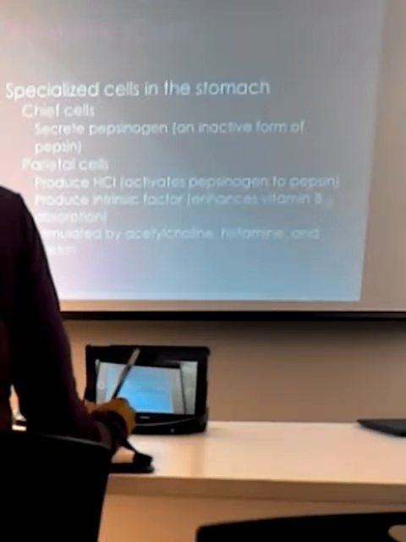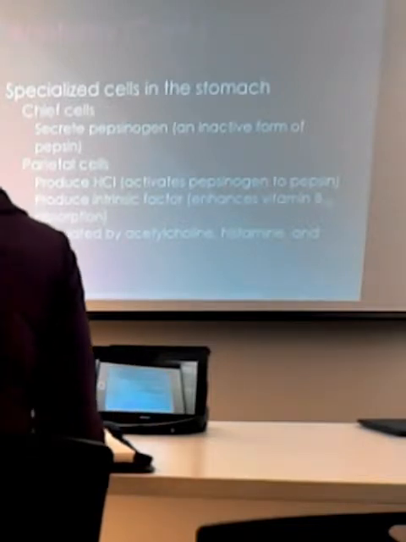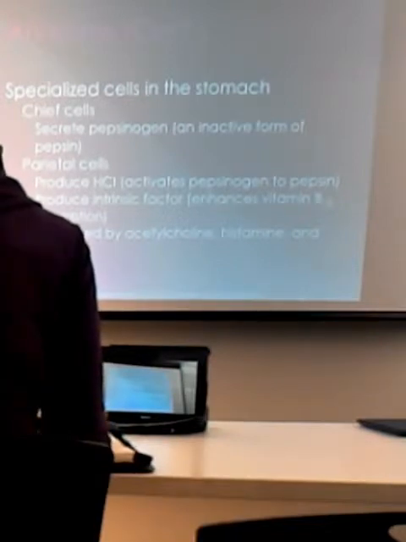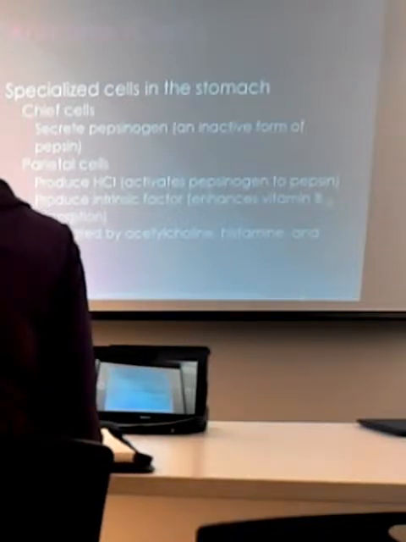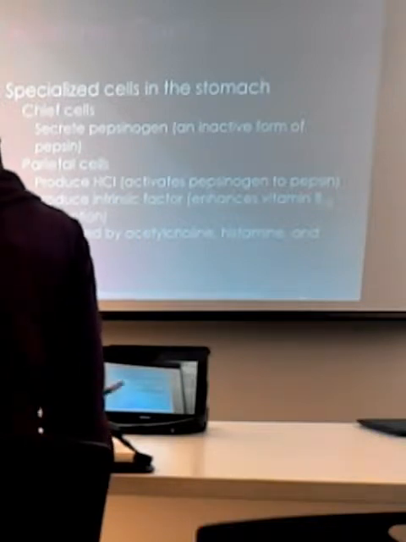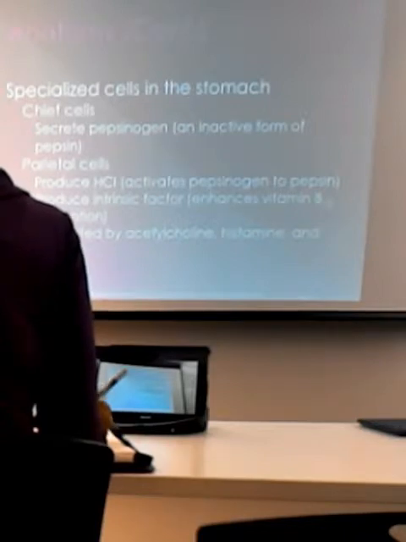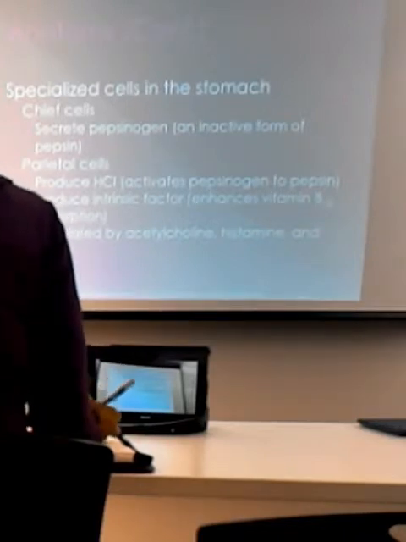We have parietal cells, and what do they do? Well, they produce the hydrochloric acid that nukes microbes and that helps to cleave the inactive group off of pepsinogen to make it pepsin, okay? But it also releases what? Intrinsic factor.